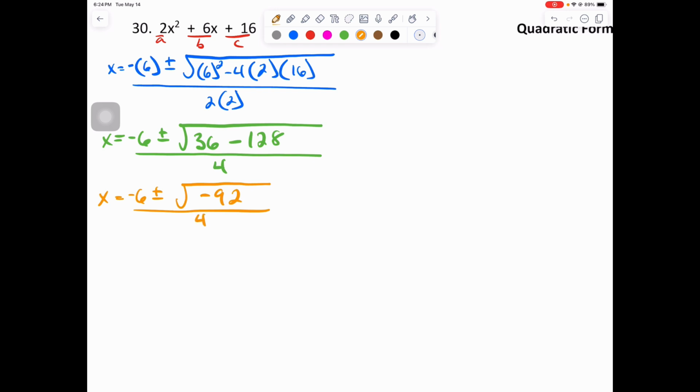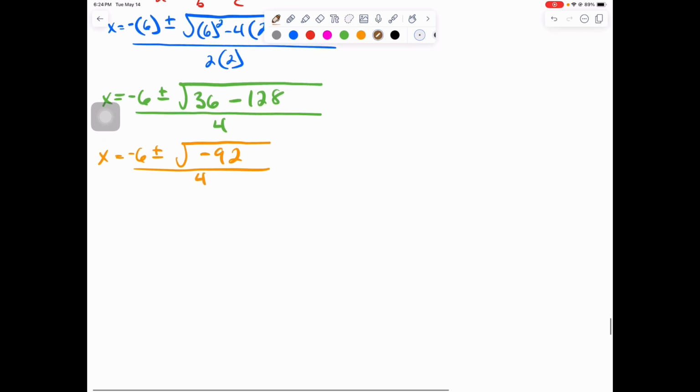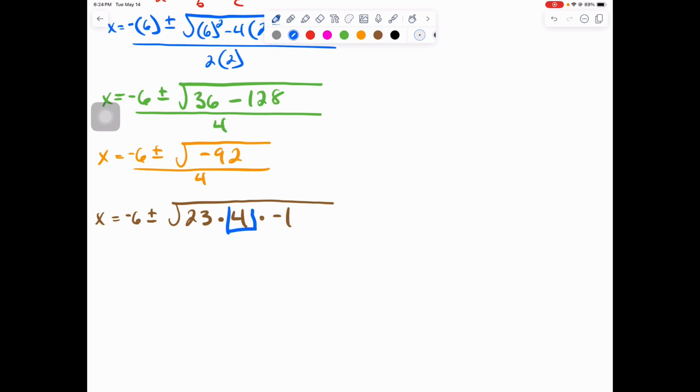I'm going to switch to brown here as we continue. X equals, and we will do negative 6 plus minus. Now, negative 92 can be broken down into, yes, there is a perfect square within it, of 23 times 4 times negative 1. Now, 4 is our perfect square.